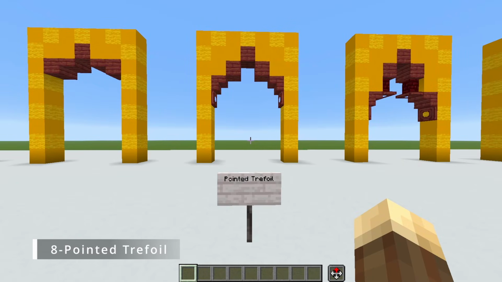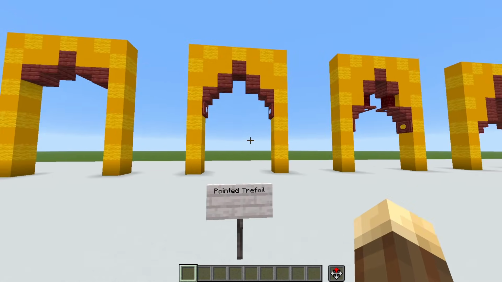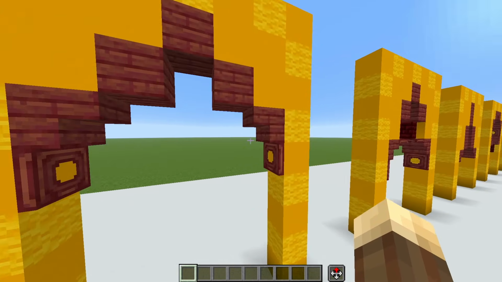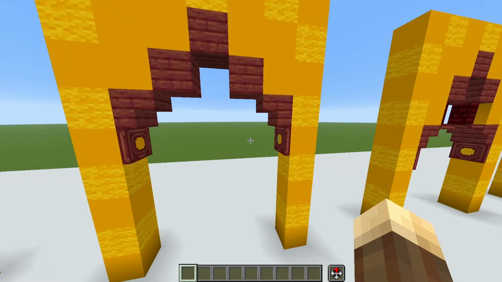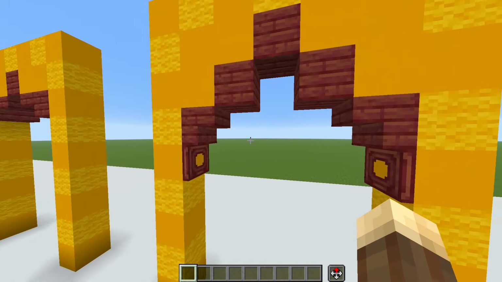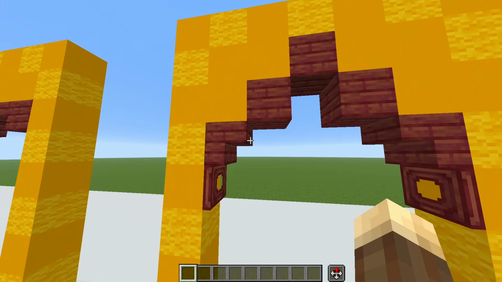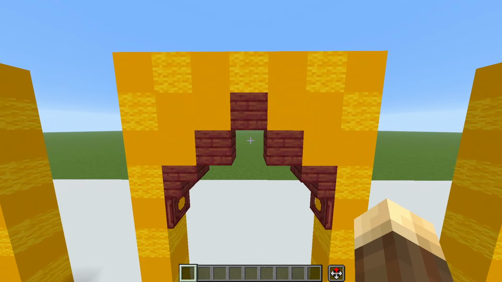So speaking of Gothic arches, at number 8, we have the pointed trefoil. Trefoil means three-leaved, and in this case, it is essentially another three-centered arch. But in this case, the centers are going to look a little bit different. So we have one right in here, one right in here, and then our third one is up right in here.